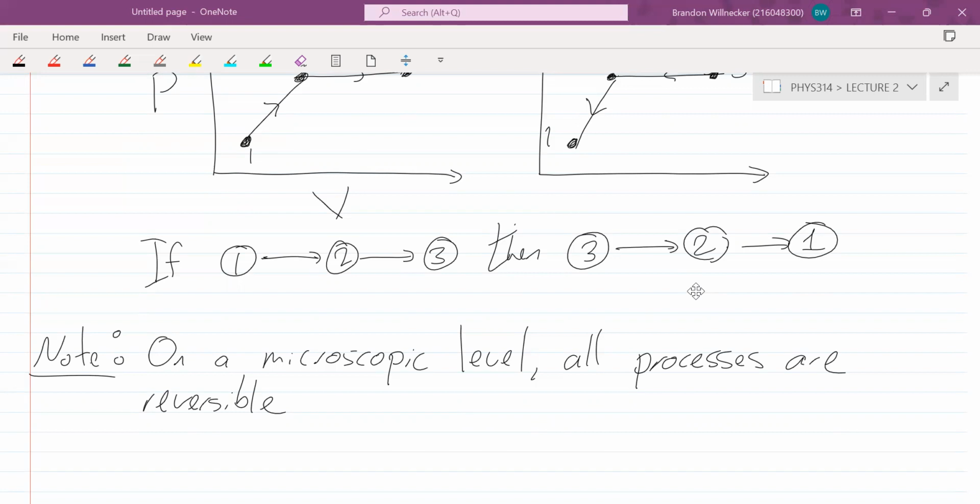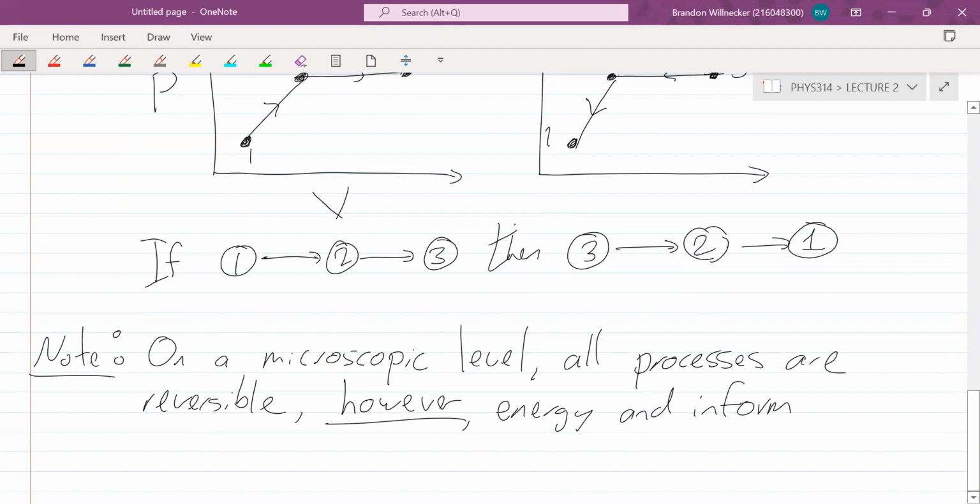However, energy and information may be lost, and so the process is not reversible.